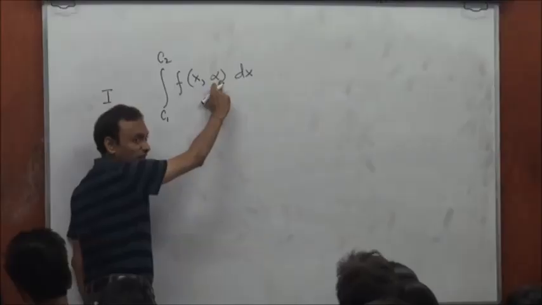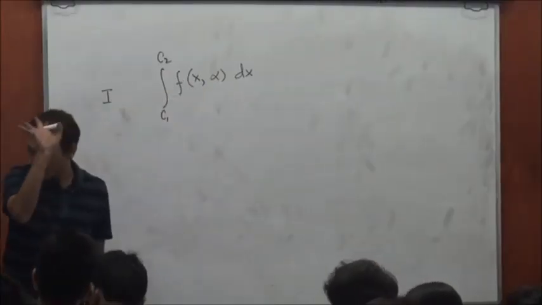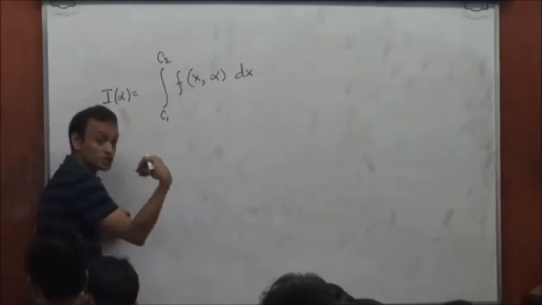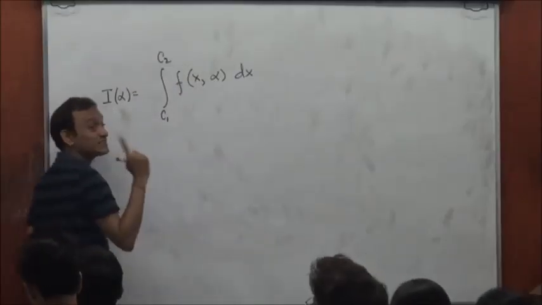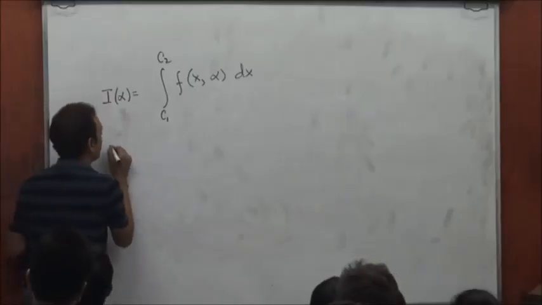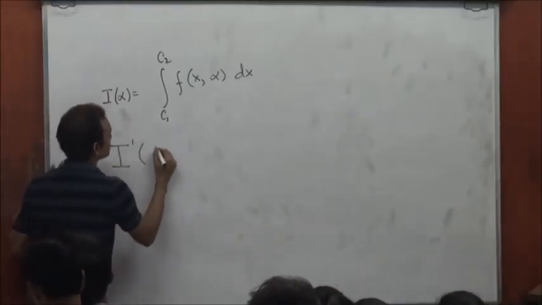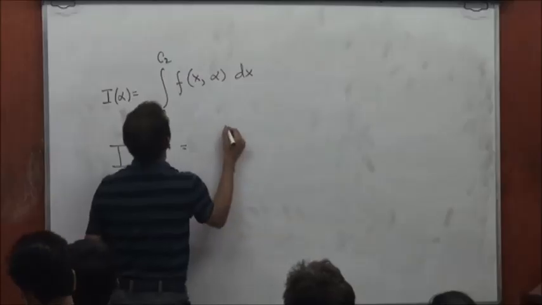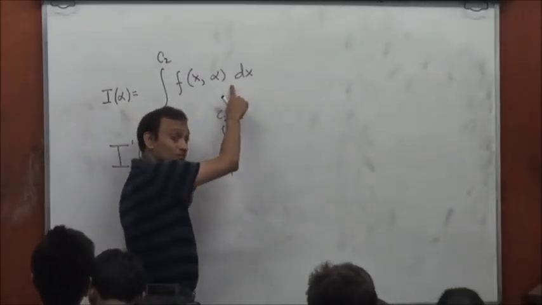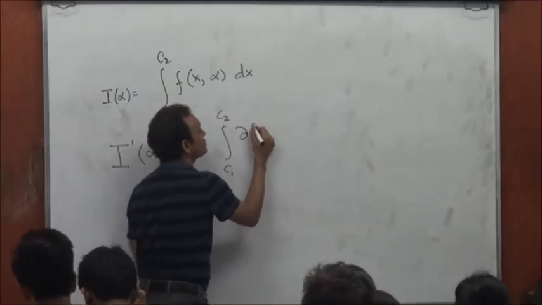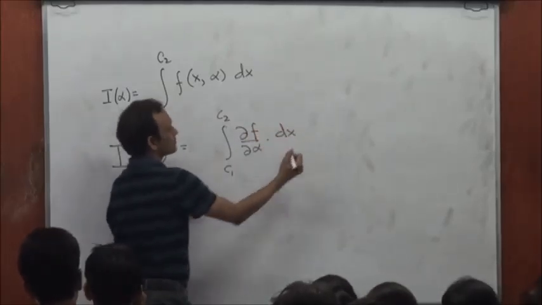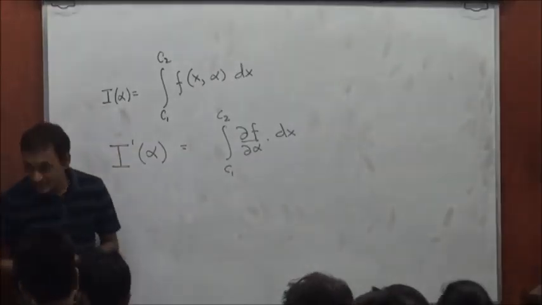But the alpha in this will remain. So this whole thing will be a function of alpha anyway. Now if C1 and C2 are constants independent of alpha, then the second and the third terms will not prevail. So I dashed alpha, in which case I differentiate this with respect to alpha, keeping x constant, dx. This would be it.